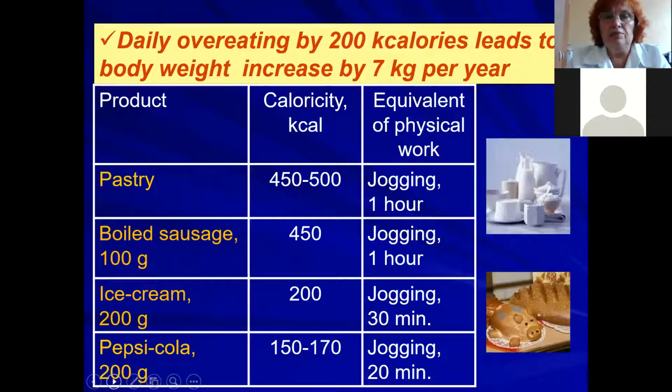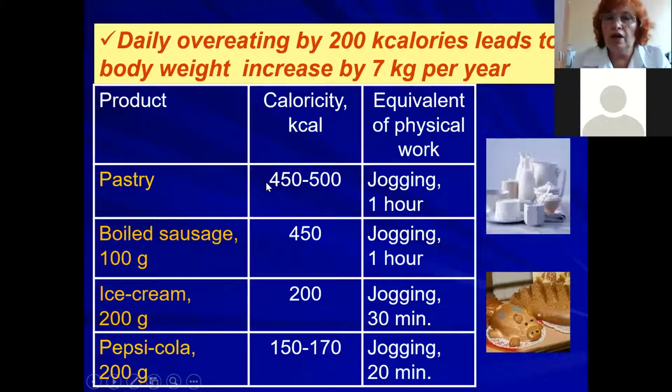Daily overeating by 200 kilocalories leads to body weight increase by 7 kilograms per year. So if we eat much, we have a very large weight. We can see each product gives some kilocalories.